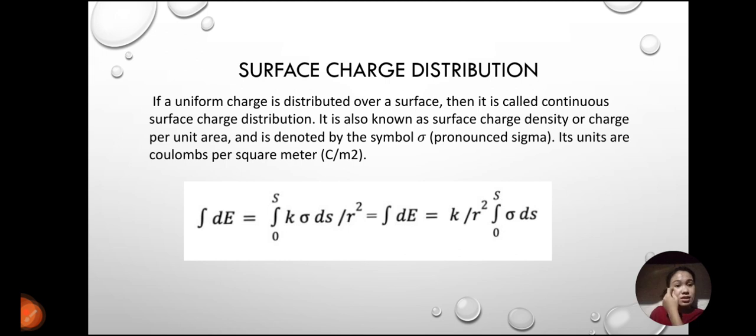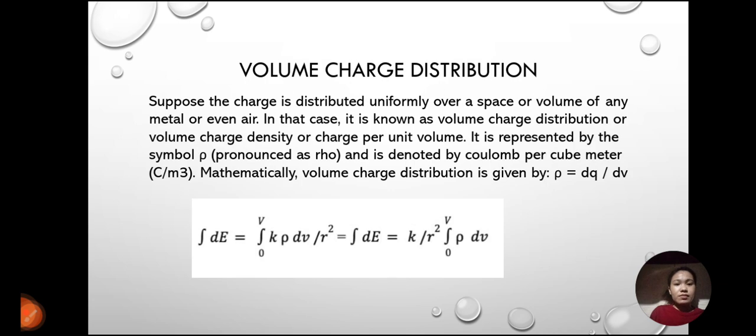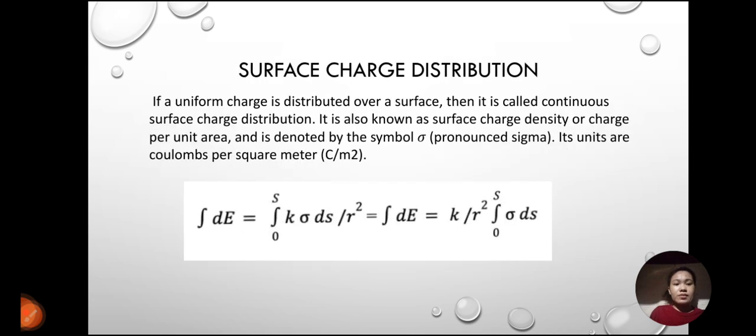Its unit is coulombs per square meter, or C over meter squared. This is the equation, or the formula.